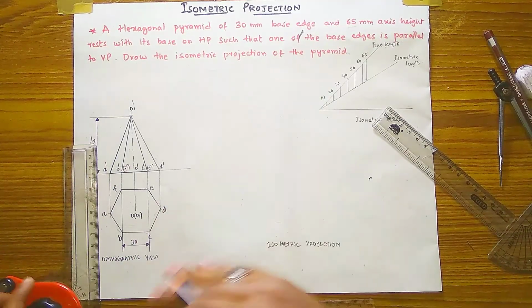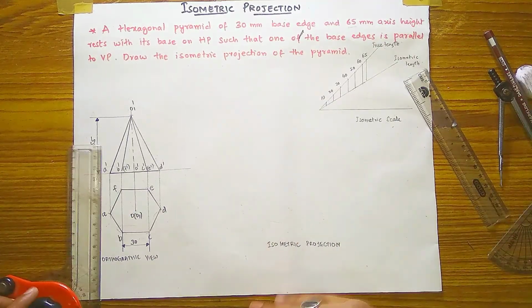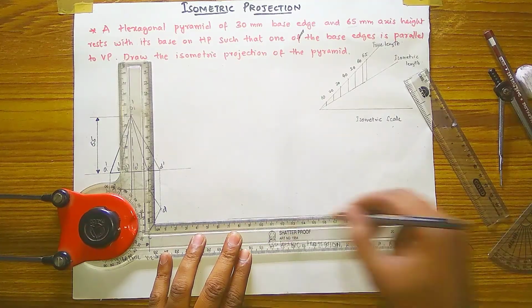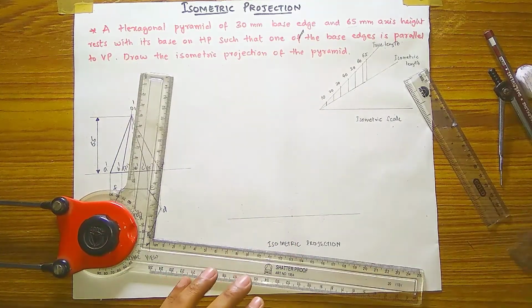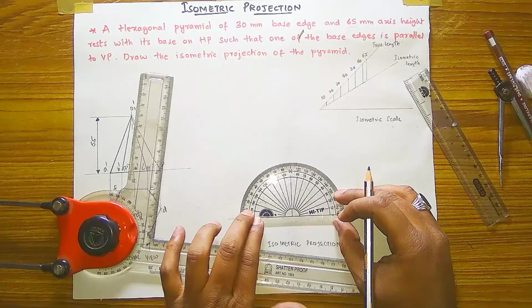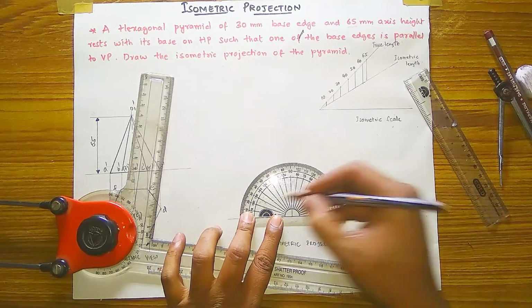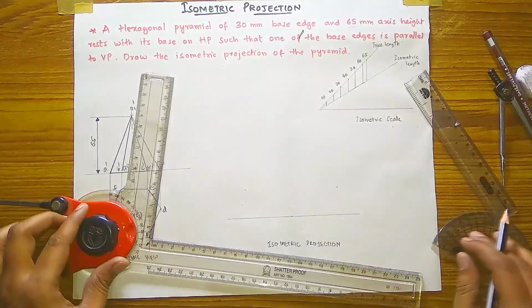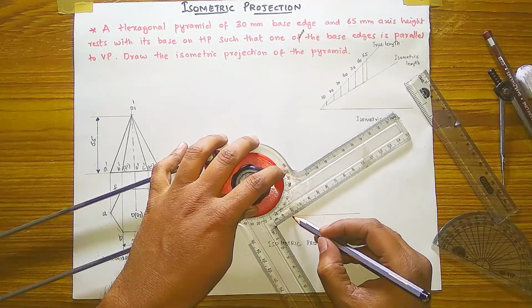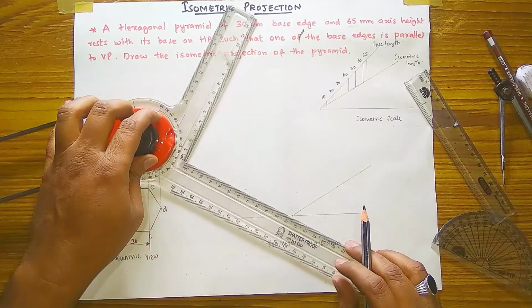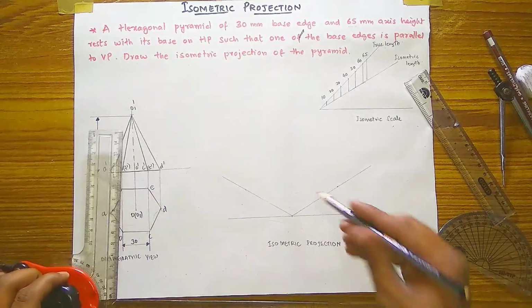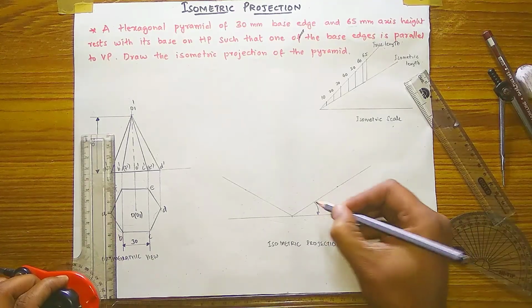Then for the isometric projection, you have to draw a line of whatever length you want, put a dot, keep the protractor on that dot correctly, take an angle of 30 degrees from here, and put a dot. From that dot take convenient lines like this, and show the 30 degree angle with arrow marks.